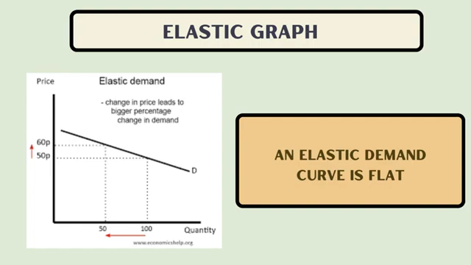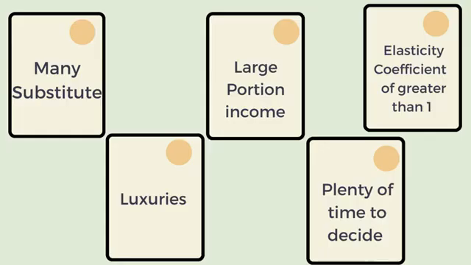Right here we have the elastic graph, and the elastic demand curve is flat. Something to note is that elasticity can vary along a linear demand curve, which means that elasticity is not the slope, and we cannot determine the elasticity of a graph based off the slope.